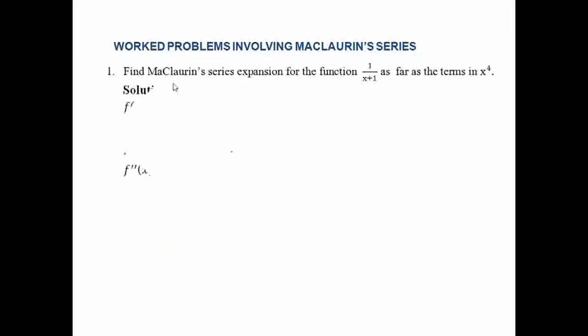Okay, worked problems. Find the Maclaurin series expansion for the function 1 over x plus 1 as far as the term x raised to the power 4. So solution. First thing, where there is x in the given function, we put 0 to get a 1.